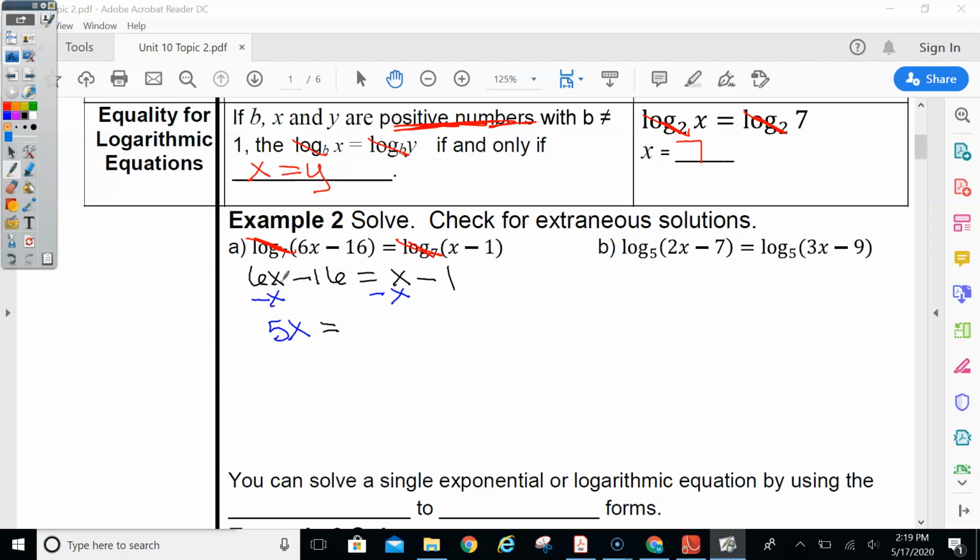Get all your numbers to one side. So we want to move the negative 16 over here by adding it. Oops, I already said the answer. So add 16 to the negative 1, and we get 15. Divide by 5. X is 3.